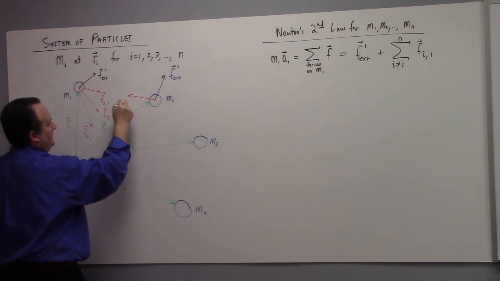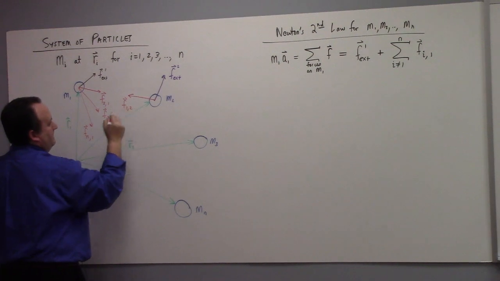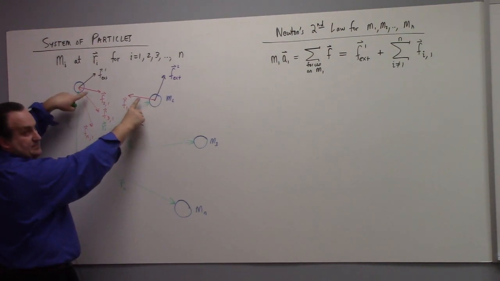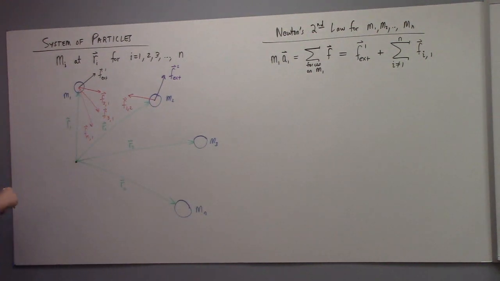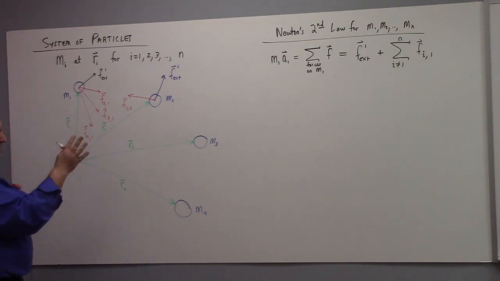This would be F1 on 2. How are these two forces related? They have to be equal and opposite. They have to come in third law pairs. Newton's third law says that the action is equal to the reaction, so these internal forces have to be balanced in this way. That's going to be important in about 2 minutes.